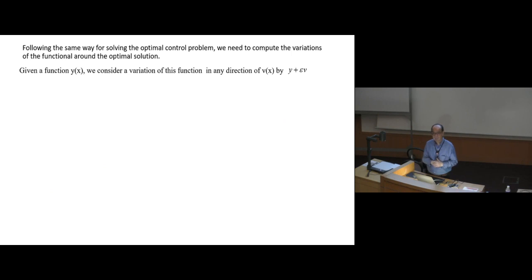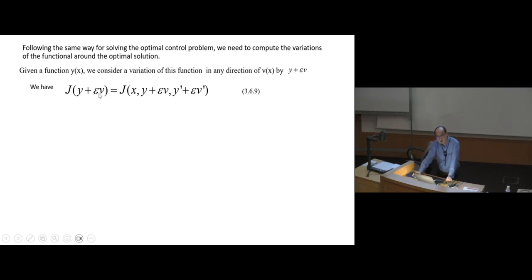Then we have to evaluate how the function will change. We evaluate this integral using the changed function y plus epsilon v. If the function has changed, then both the function itself and its derivative will change accordingly.